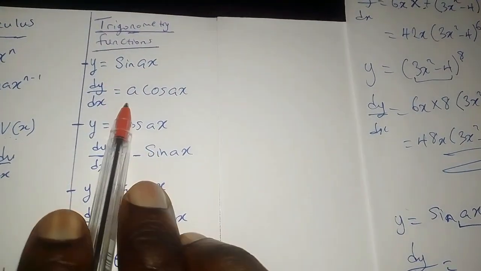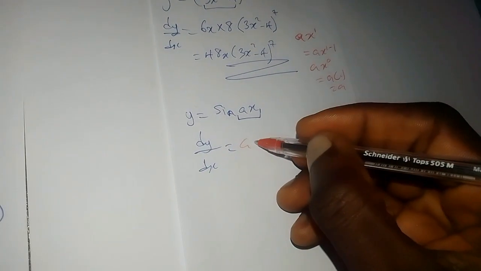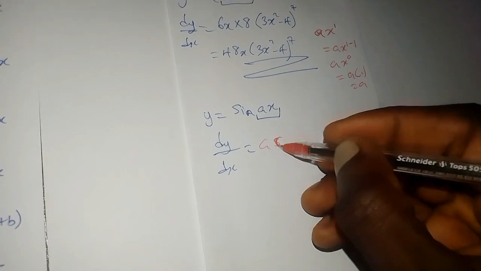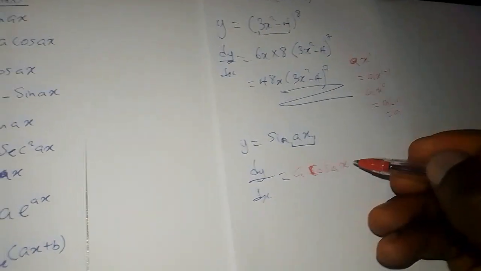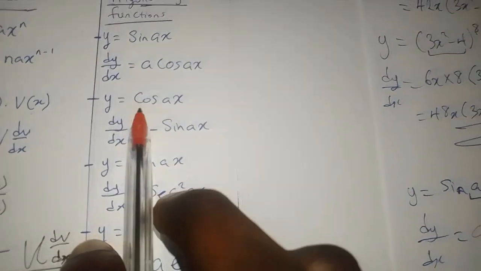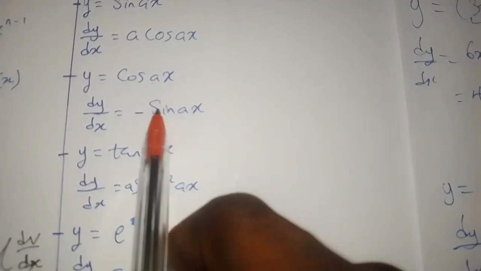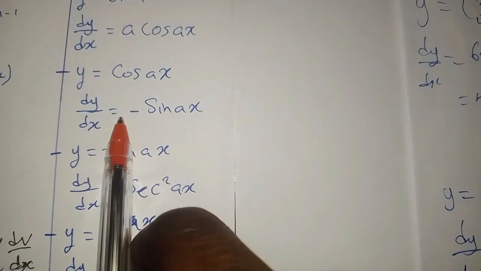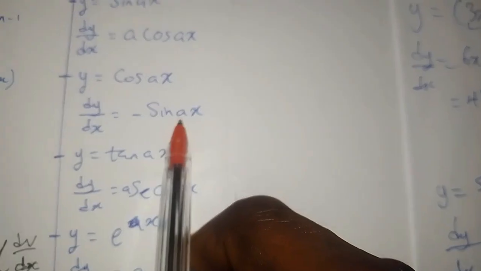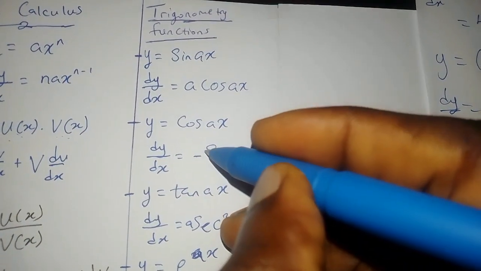So dy/dx will be equal to a cos ax. Now what if I have cos ax? That will be minus a sin ax.